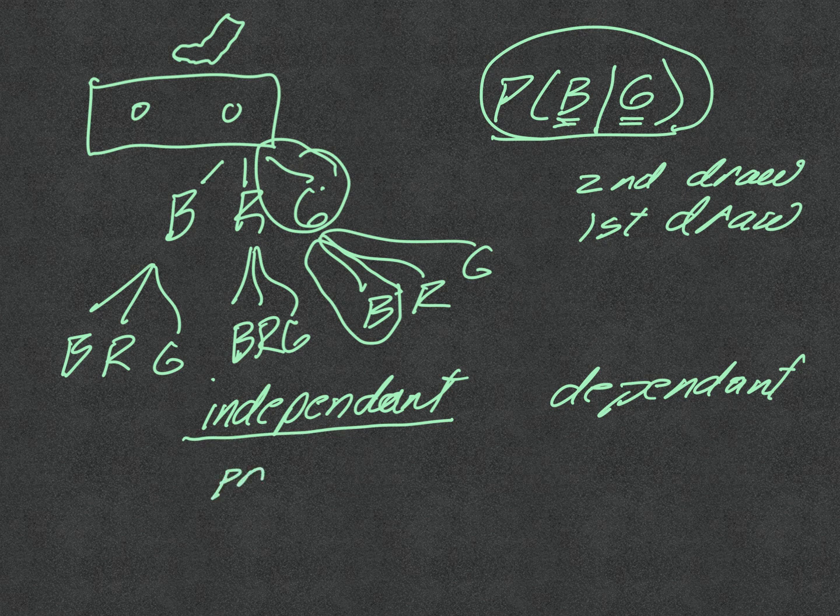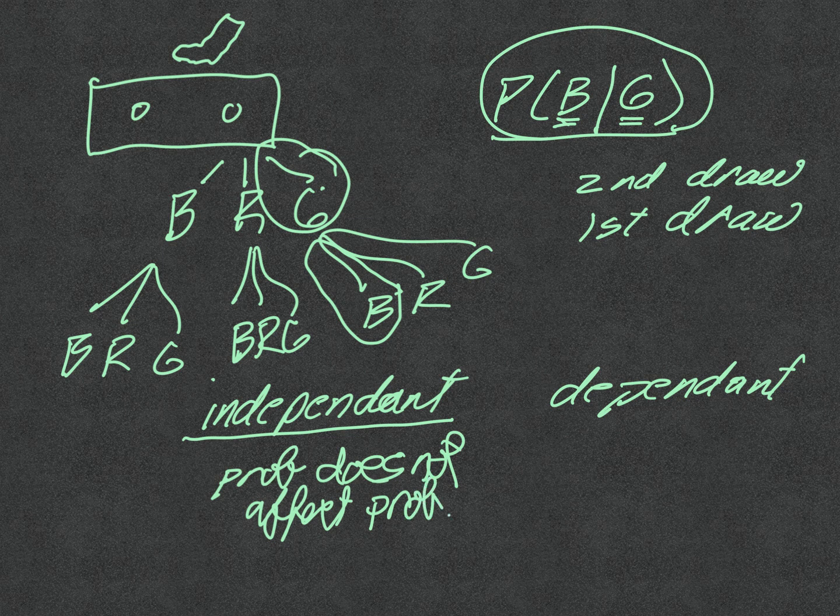So, probability does not affect probability. All right? Dependent is essentially if they're not independent, it just means not independent. Okay? So, what would be independent or dependent?